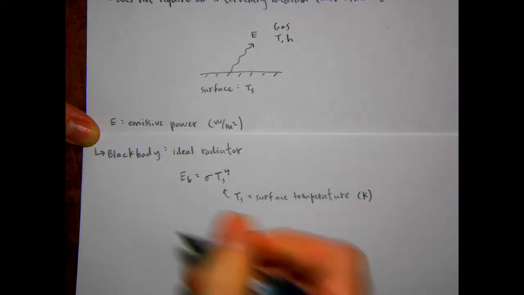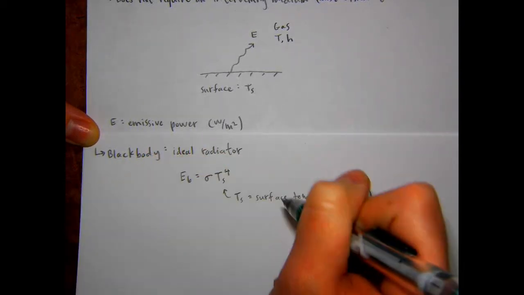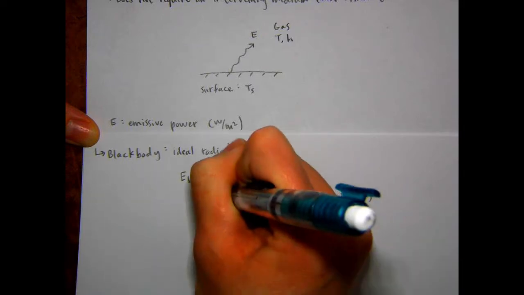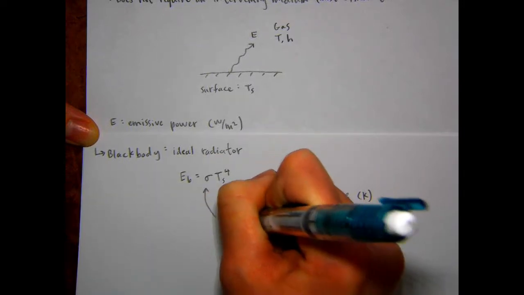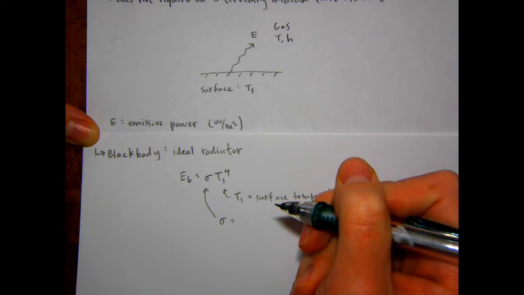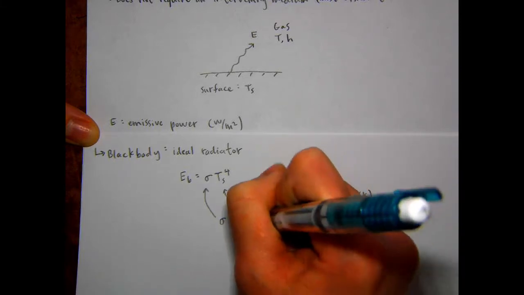And this constant, sigma, is called the Stefan-Boltzmann constant.